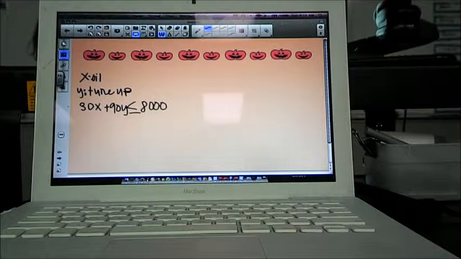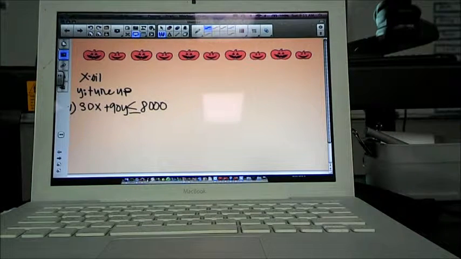And we got that because the oil change takes 30 minutes and the tune-up requires 90 minutes. And it has to be less than or equal to 8,000 minutes because that's all that is available. Alright, so that is constraint 1.